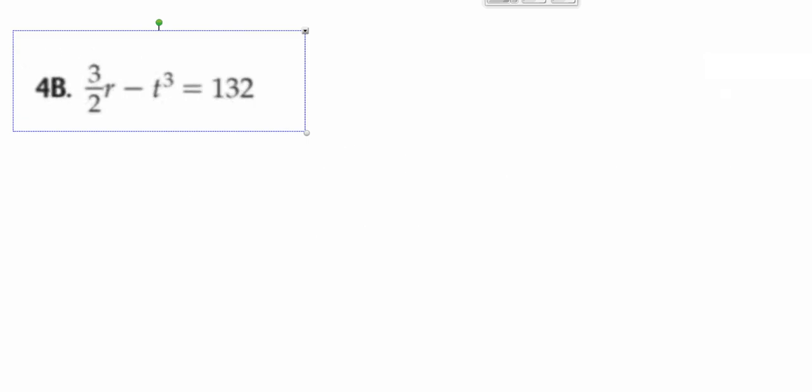So for the next one, what you see is 3 halves r minus p cubed equals 132. So here we can put 3/2 times r. So let's write that one out. 3/2 times r. You just put minus or subtracted, why not?